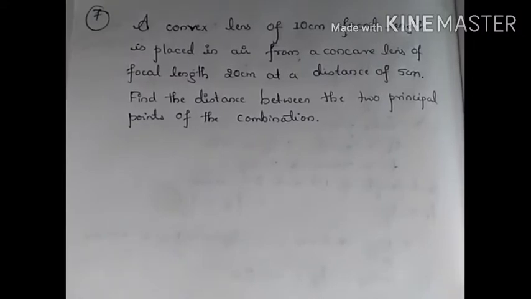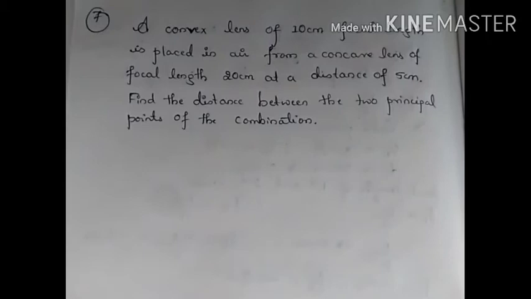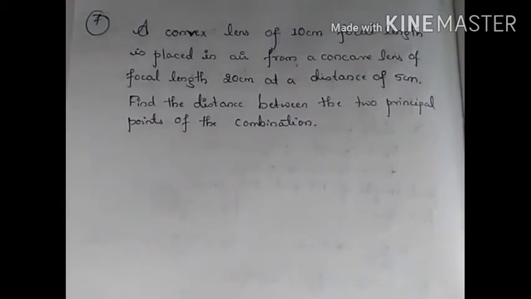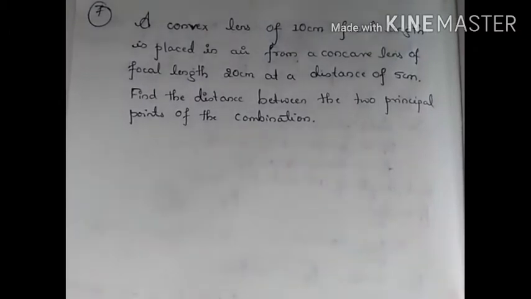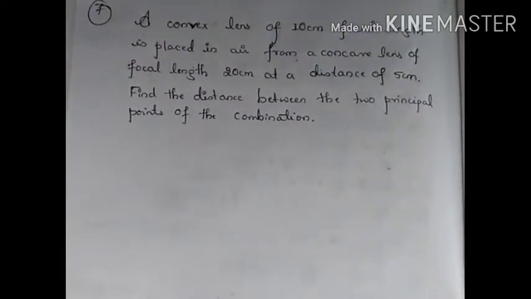The convex lens has a focal length of 10 centimeter and the concave lens has a focal length of 20 centimeter, and these two lenses are separated by a finite distance of 5 centimeter. Now find the distance between the two principal points of the combination.